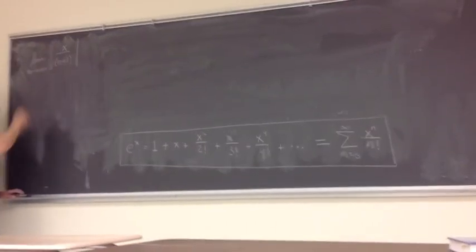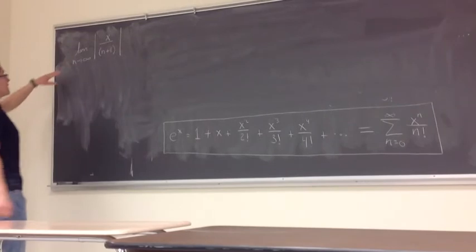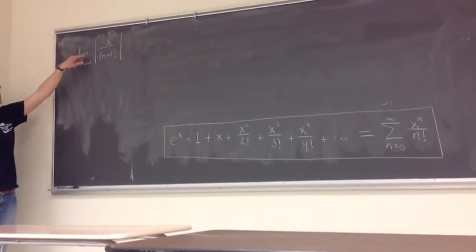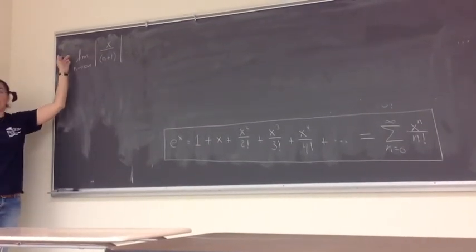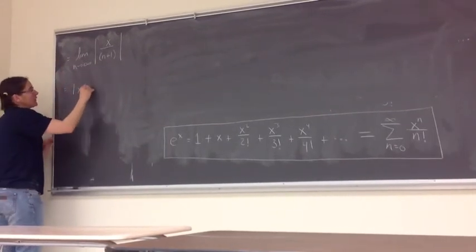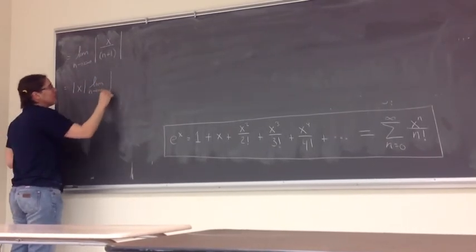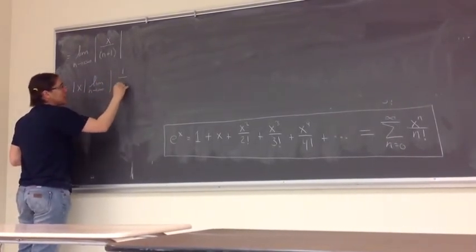And I still have my absolute value bars. So when I look at this, in the eyes of my limit, this x is a constant, so I can pull that out in front. And so I have the absolute value of x times the limit as n goes to infinity of 1 over n plus 1.